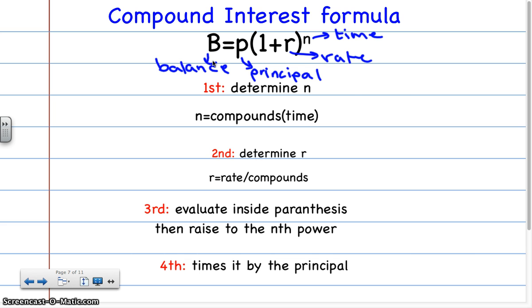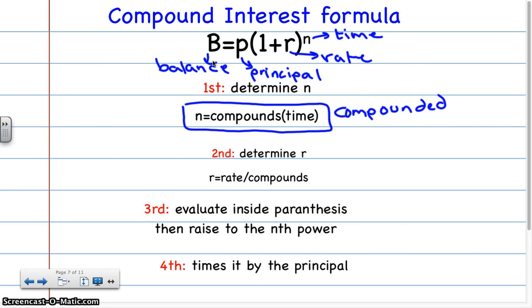We got some steps going on when we want to do these things. The first thing we do is determine N. Now notice that our N is equal to the number of compounds we have times our time. So sometimes they might say compounded annually, and that would be 1.